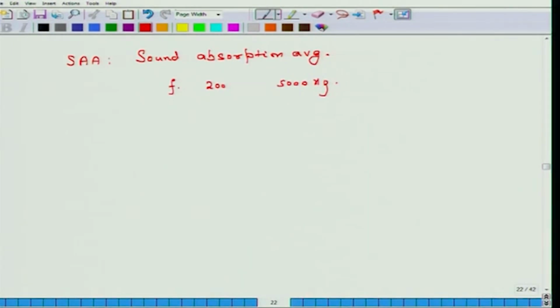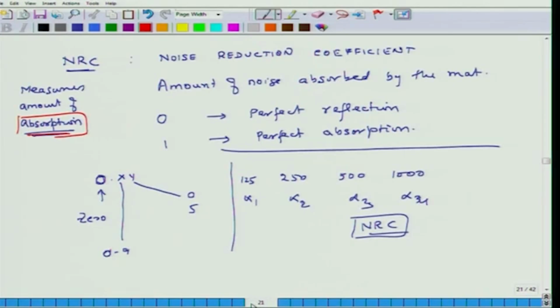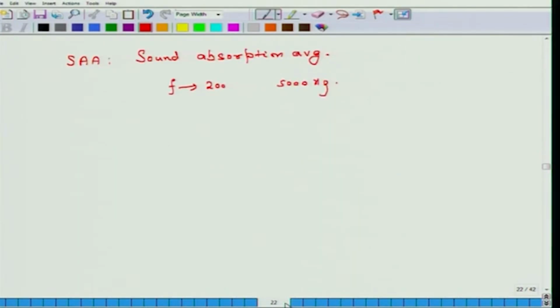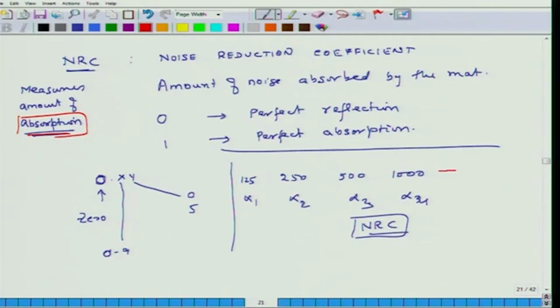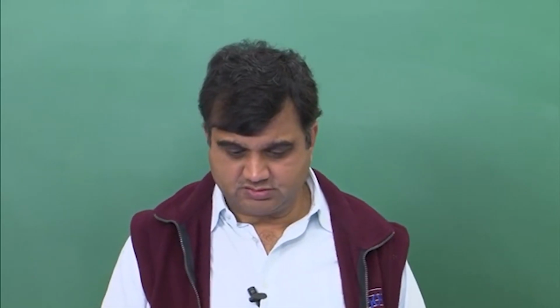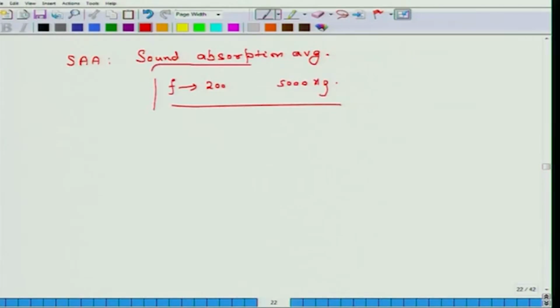This is becoming more prevalent because a lot of sounds which we hear in practical applications don't limit themselves to 1000 hertz. They go up to 5000 hertz easily. NRC has the limitation that it stops at 1000 hertz. It may be okay for some general music or things like that, but not for regular sounds. This is more practical.